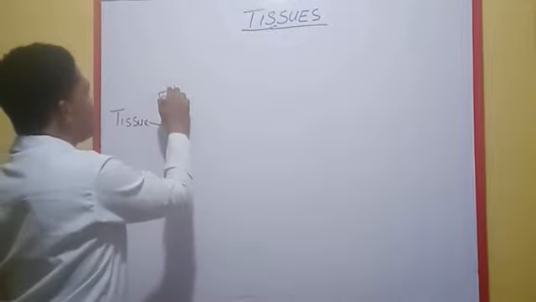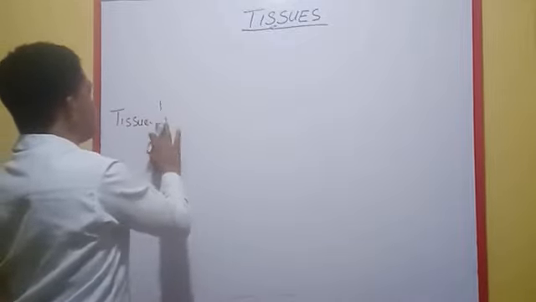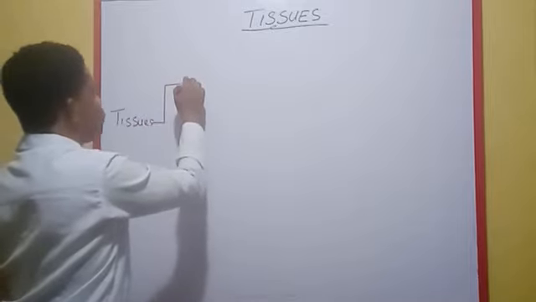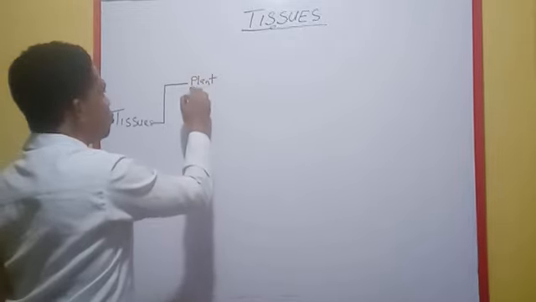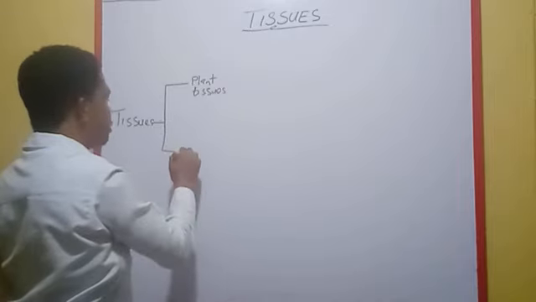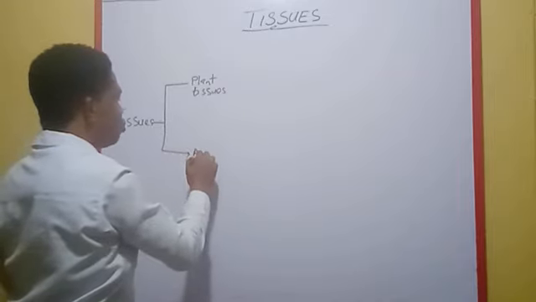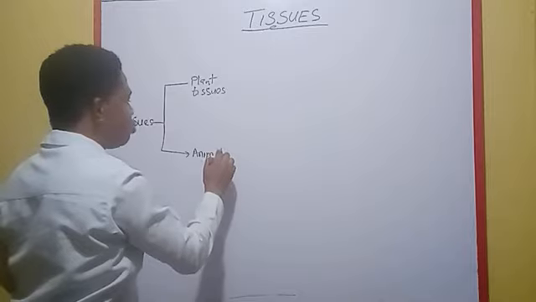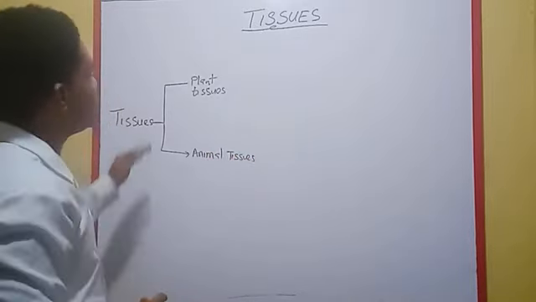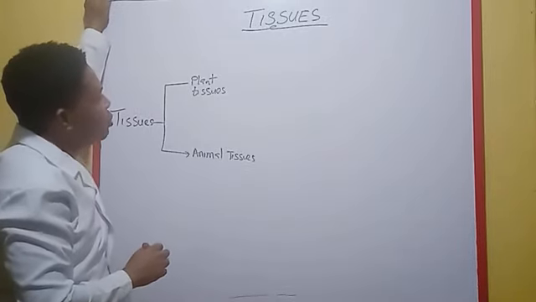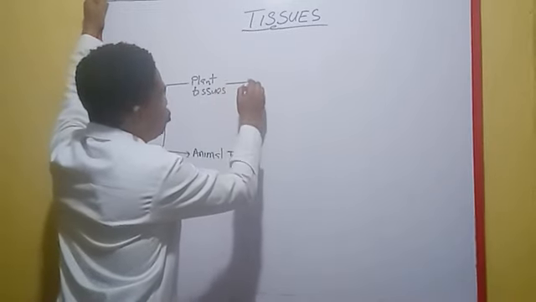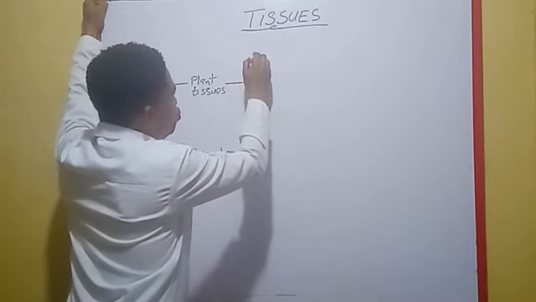Basically, we have plant tissues, and then we also have animal tissues. Now the plant tissue can be divided into two.